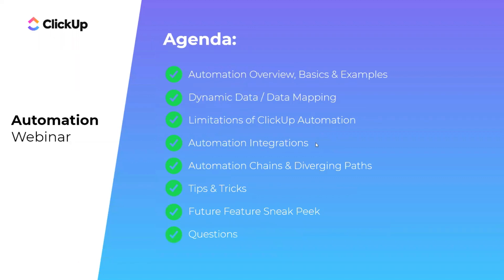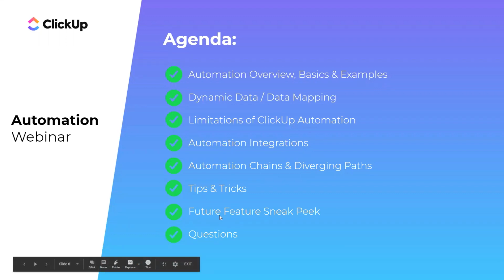So that's when automation within ClickUp is starting to link to other software outside of ClickUp. Automation chains and diverging paths. That's not actually a feature. That's just a clever way of using various things that can allow you to do much more with automations than you'd normally be able to. Then some more tips and tricks, some sneak peek into some future features, and then we'll jump into questions.